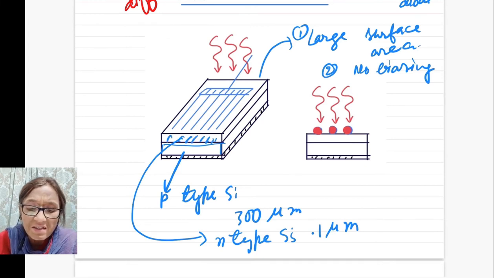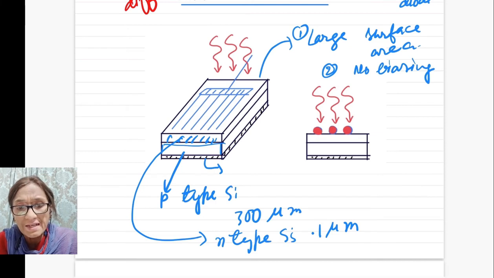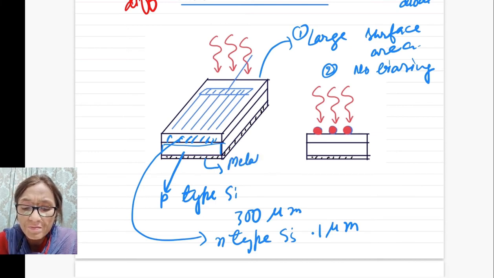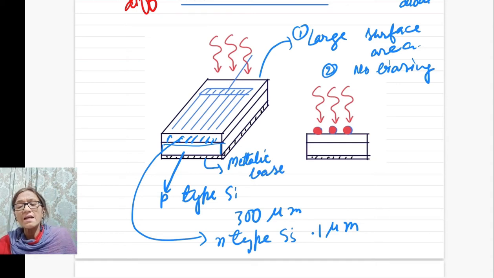And there is a metallic base at the lower part. This metallic base becomes one electrode.